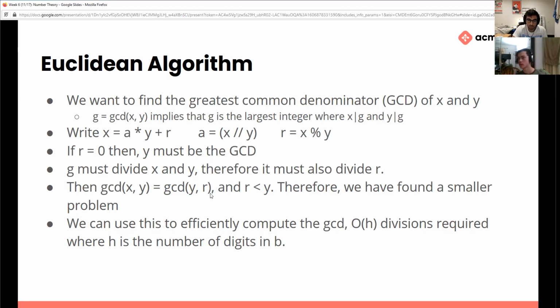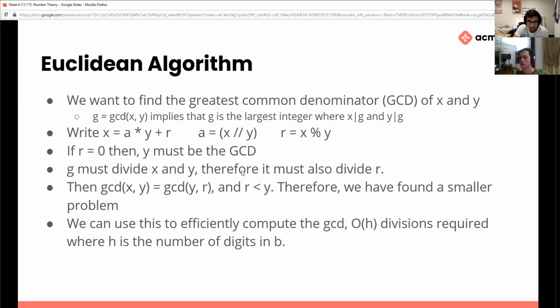And if r is divisible by g, then we know that the greatest common denominator between y and r has to be the same. And why is that? It's because we know that g divides r, and if any other number divides both r and y, then that number clearly also must divide x and y.